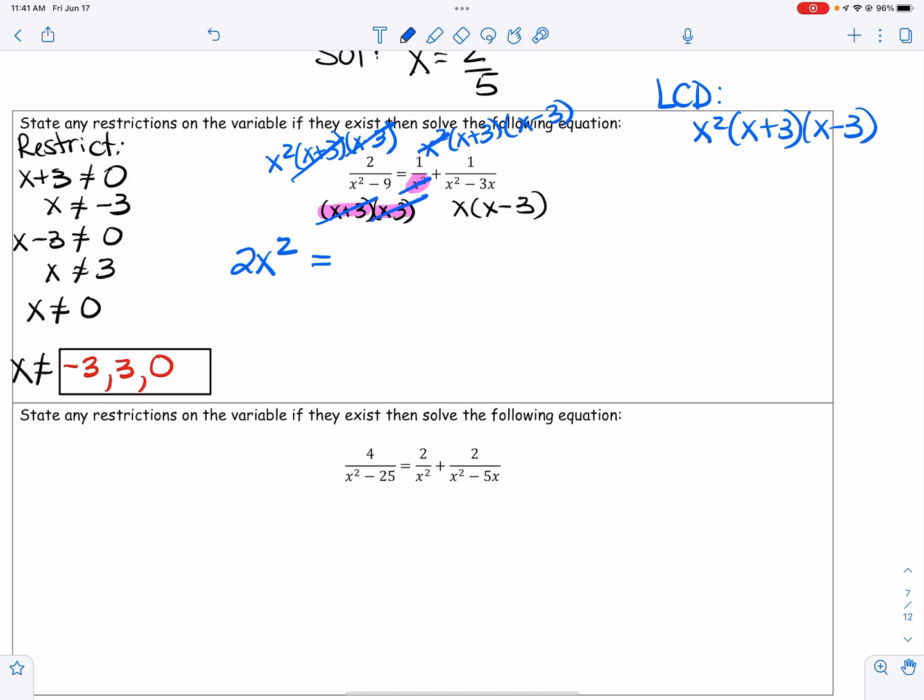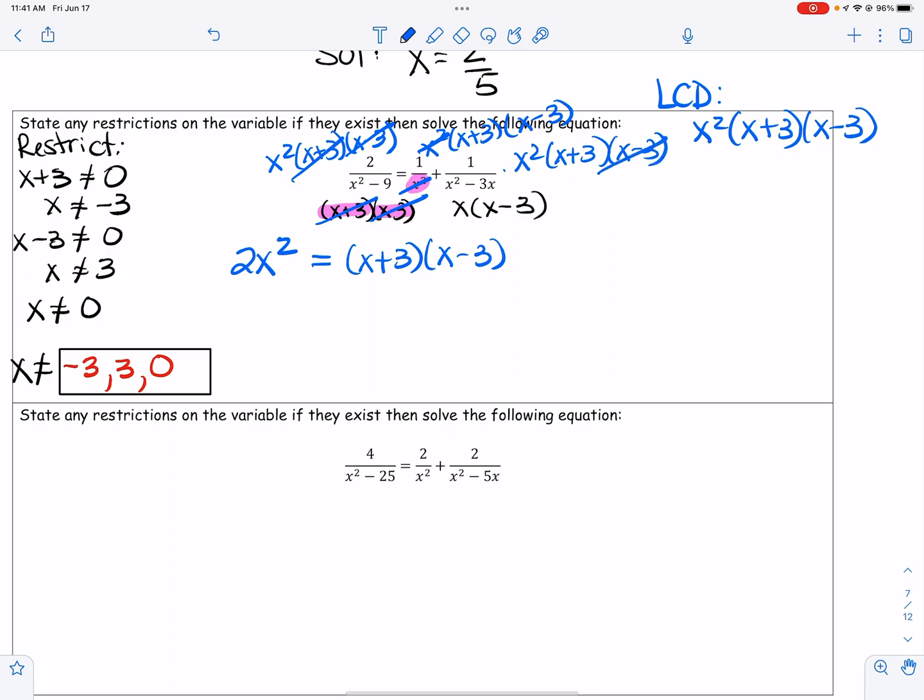The x squareds are going to cancel, and so I get x plus 3, x minus 3.